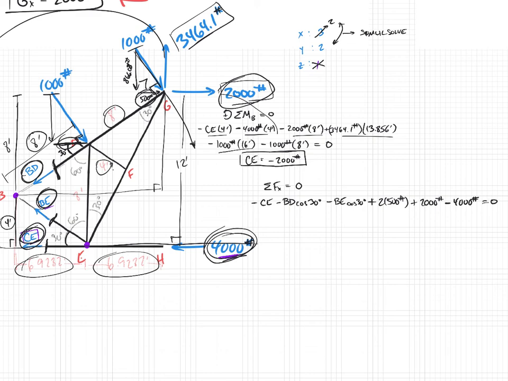The one thing that we need to do here is that in place of CE, we need to put in a negative 2,000. So if we do that negative with that negative, these two are both going to go positive, right?